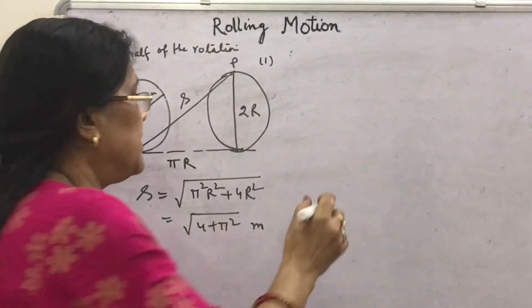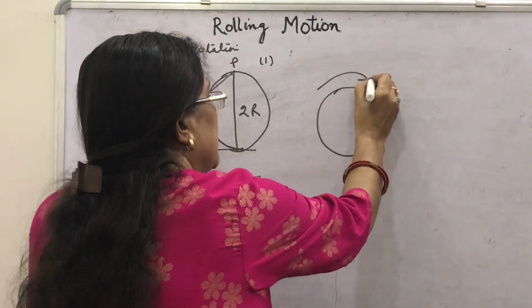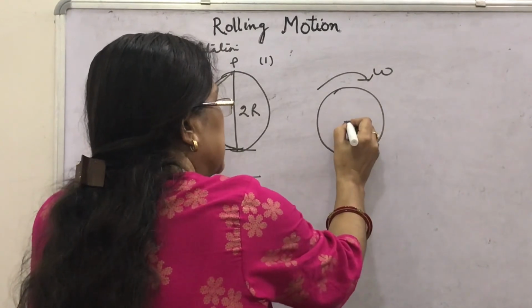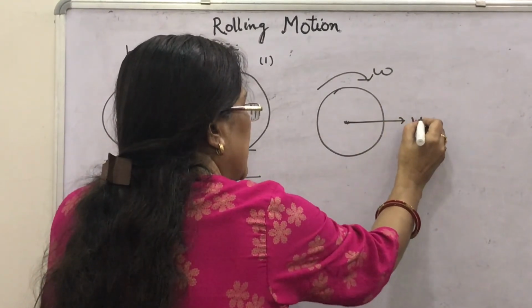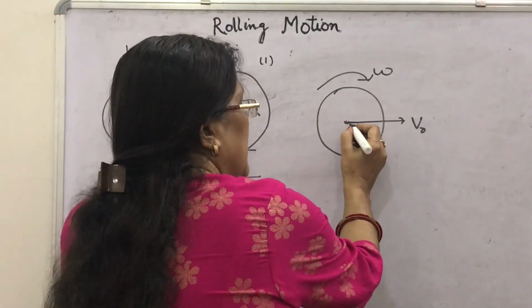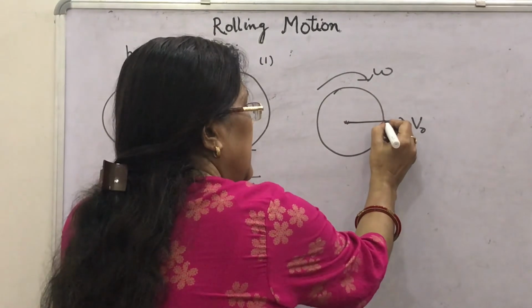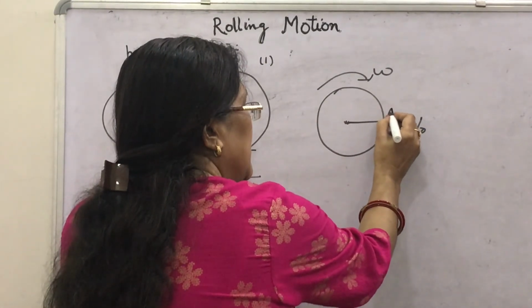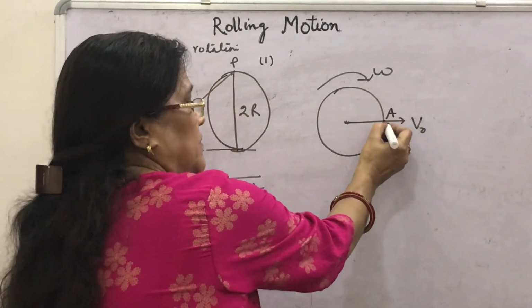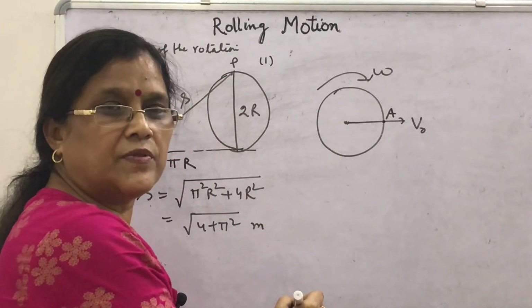Look, if it is given a wheel is rotating with the angular velocity omega, its center of mass is moving with the velocity v naught, and a particle at the level of center of mass, that will be the particle here at the point A. Particle is a point. Find its velocity.